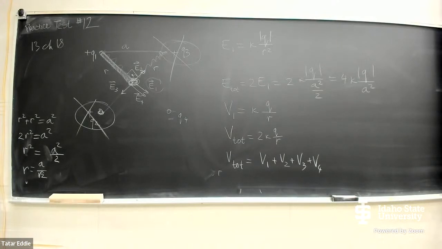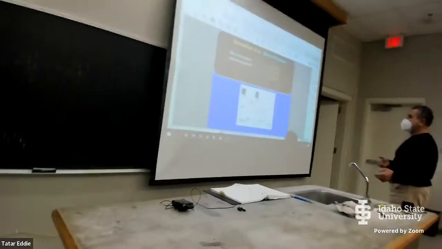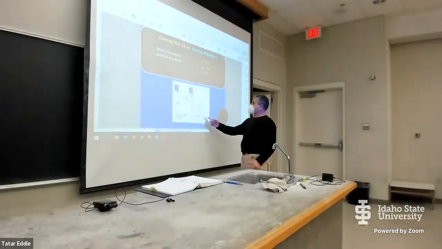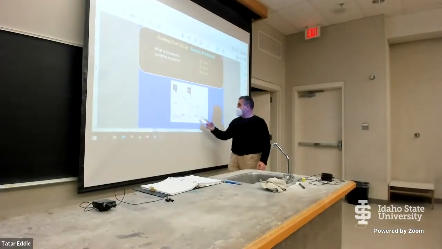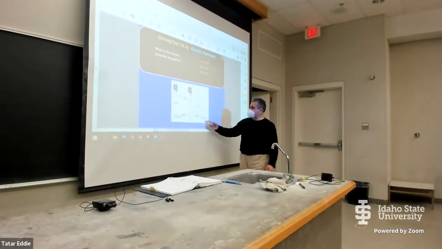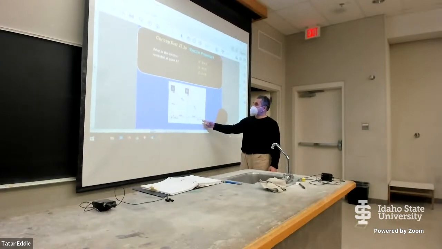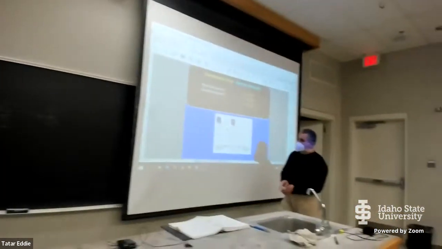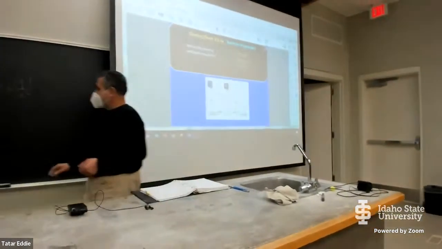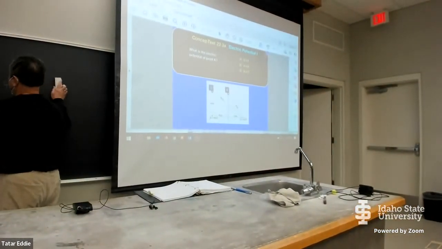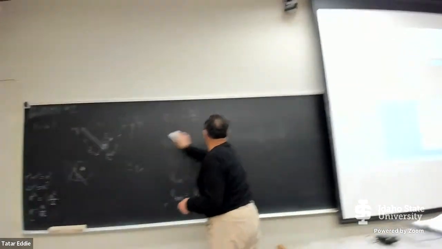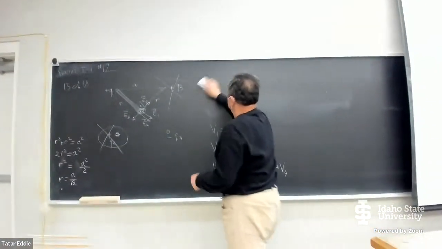Right there, okay, this lovely one. What is the electric potential at point A? So they have two charges with equal magnitude but opposite algebraic sign. And therefore, here it is.